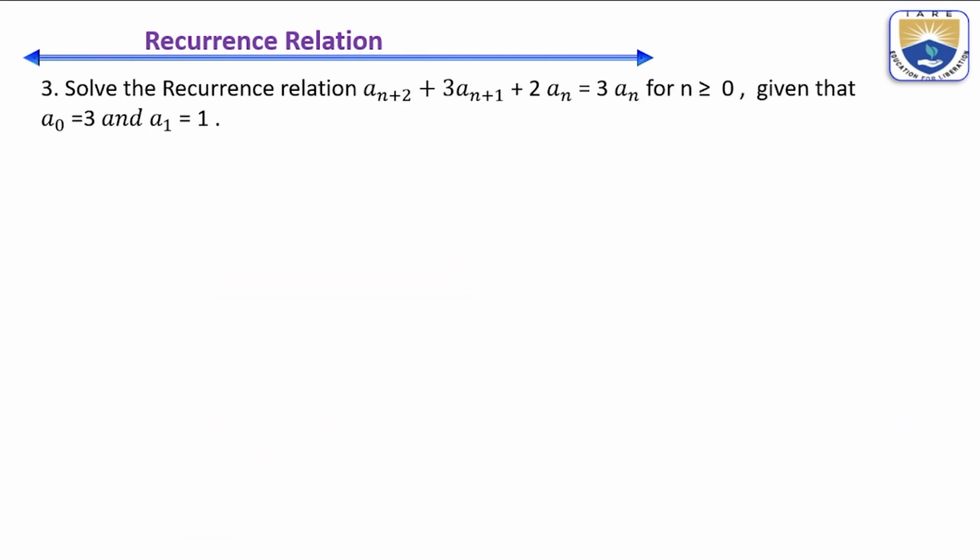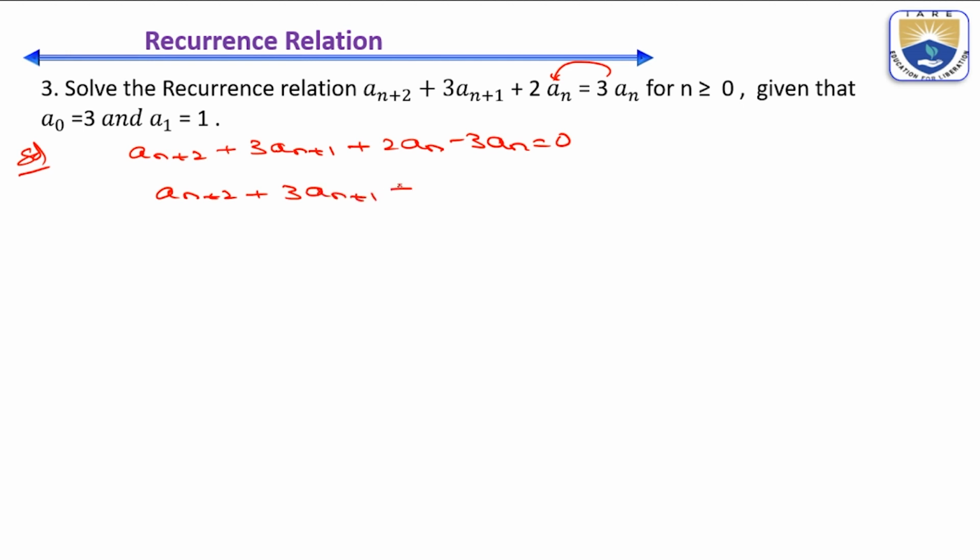Now the third one, if we consider the third one in the same way, we have a_{n+2} plus 3a_{n+1} plus 2a_n minus 3a_n is equal to 0. Just take this to this side: a_{n+2} plus 3a_{n+1} minus a_n is equal to 0, and this is for n greater than or equal to 0.